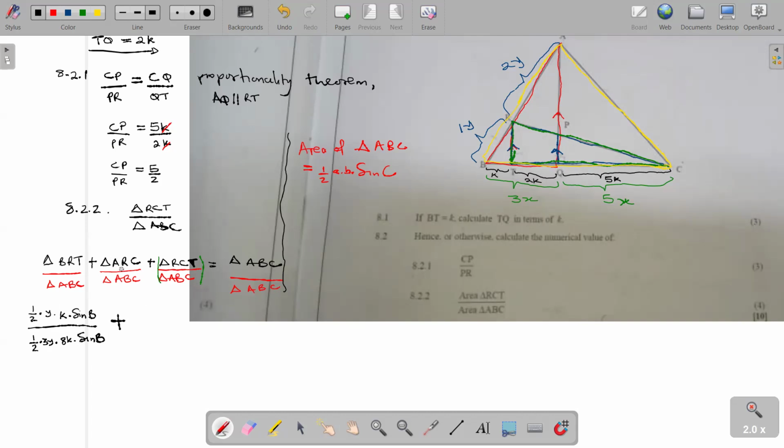we go to triangle ARC, so we want to use the common angle there, that big A, this angle there, between ARC and ABC.